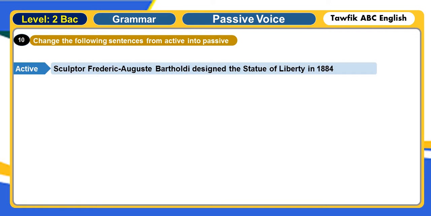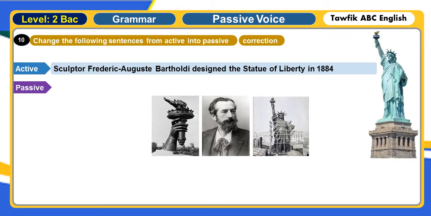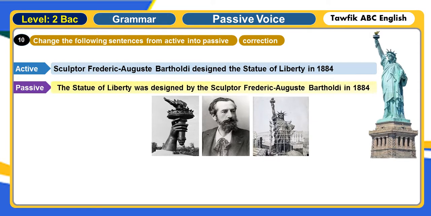Change the following sentences from active into passive. So we have active sentence. Sculptor Frederick August Bartholdi designed the Statue of Liberty in 1884. So to correct, we say the new subject is the Statue of Liberty was designed by the sculptor Frederick August Bartholdi in 1884. Okay, next.